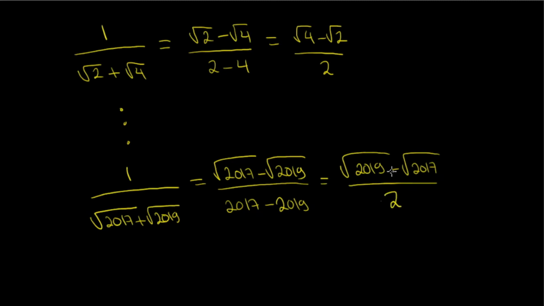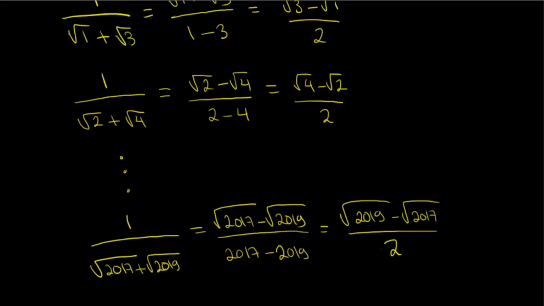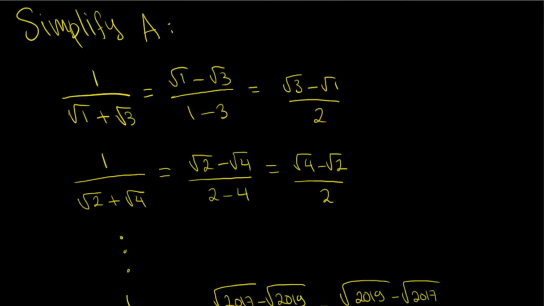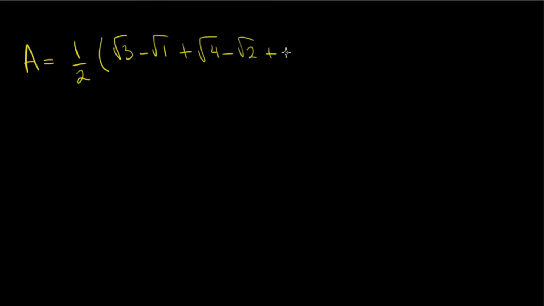Now we see a plus minus pattern here, and maybe we can get a telescoping pattern. This is the new form of a based on our findings.